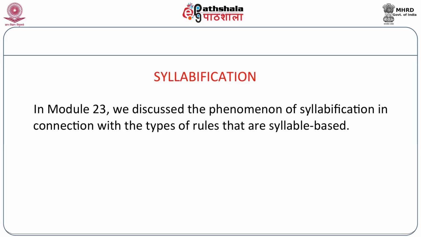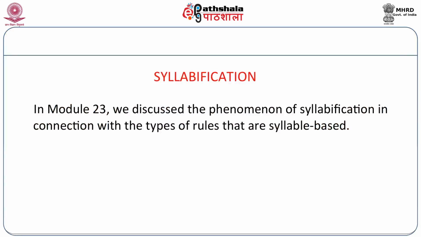For example, if there is a single vowel, then the first vowel goes with the following consonant. If the word begins with a consonant, then it goes with the following vowel. When there is a vowel between two consonants, then the vowel goes with the following consonant, etc.